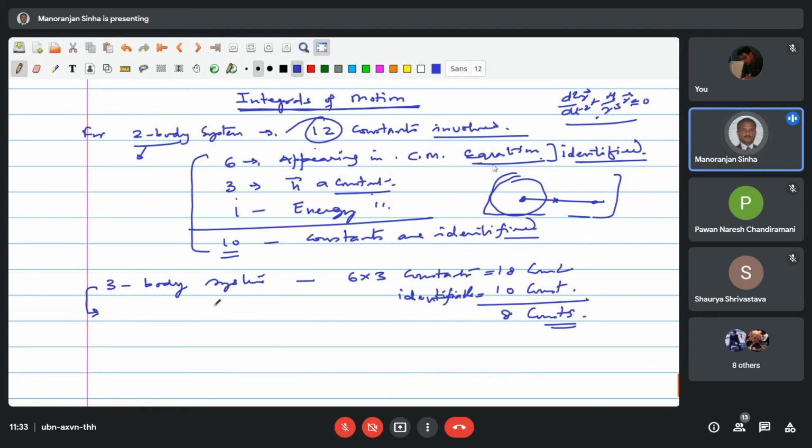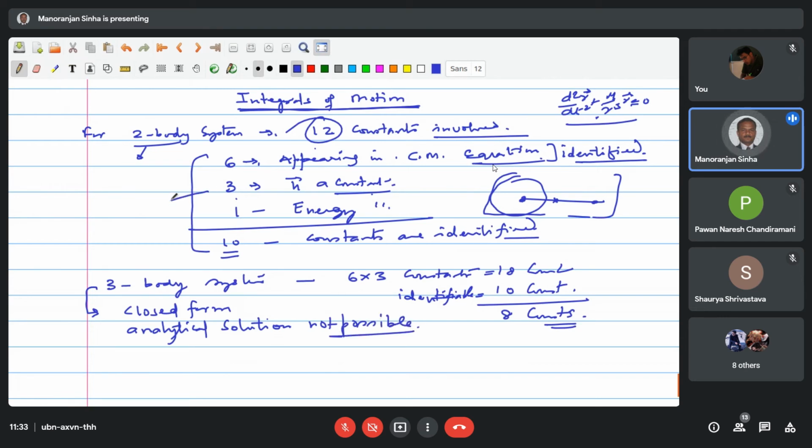So for the 3 body problem system, a closed form analytical solution is not possible.